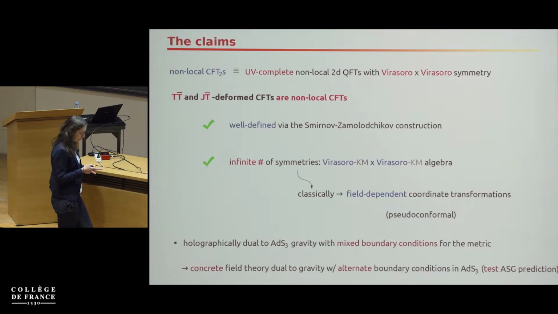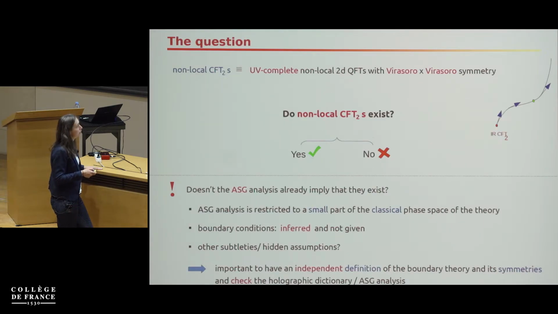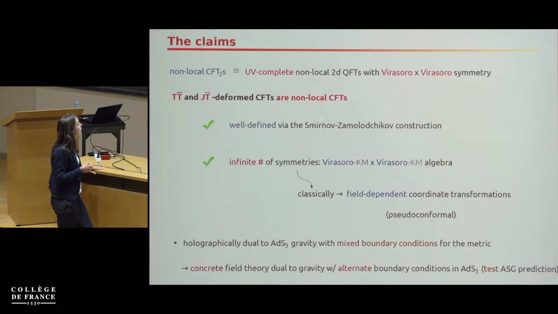The most difficult part about showing this, as I try to explain, is coming up with a well-defined irrelevant flow. But actually, that hard part was done for us by Smirnov and Zamolodchikov, who were able to define these irrelevant deformations and show that they make sense.